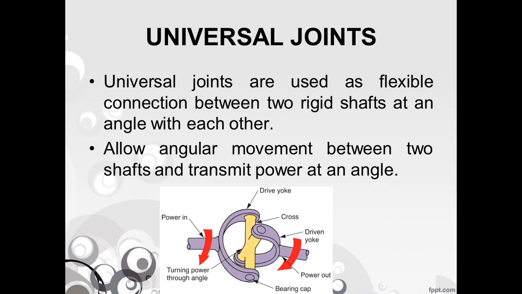This is the working, construction and function of universal joint. One more function: universal joint transmits the torque even when the rear axle is moving up and down. While the rear axle moves up and down, the torque is evenly transmitted to the rear axles. That is the main use of universal joints.